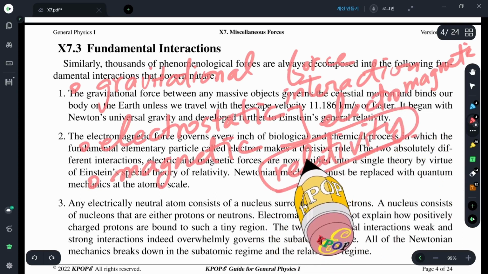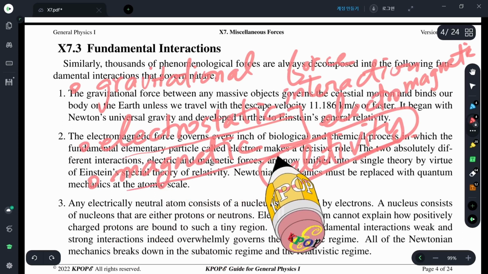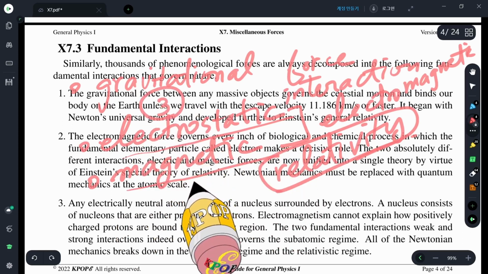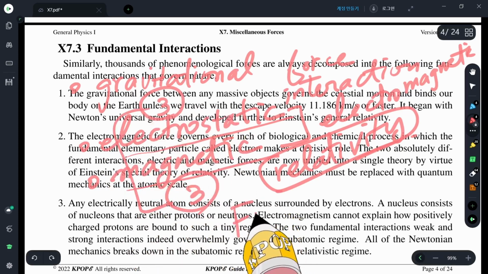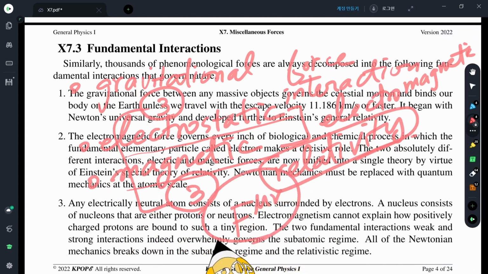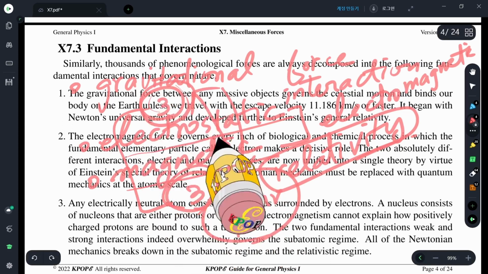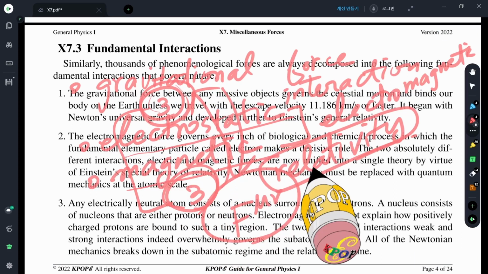According to relativity, electrostatic force and magnetic force are three components for the electric field. The three components are the magnetic field. They are actually the six components of F mu nu, the field strength tensor of the electromagnetic field. And these six components transform among one another based on the Lorentz transformation.